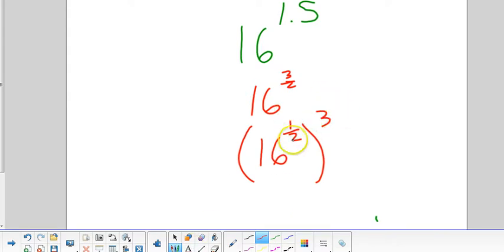Because power to a power means I can multiply, right? 3/2 is the same as 1/2 times 3. So the 16 to the 1/2 would be 4, and then to the 3rd power gives me 64. So 16 to the 1.5 power is 64.